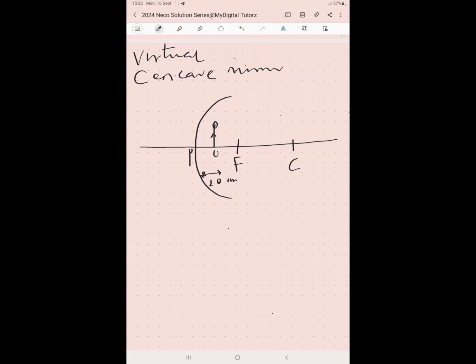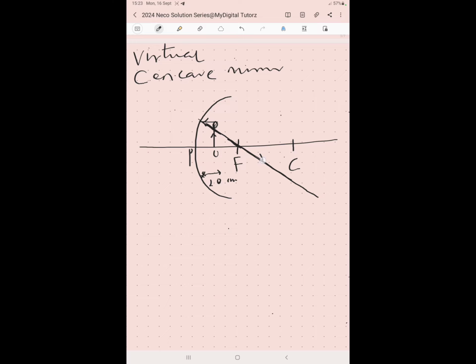By illustrating the ray diagram, this is the incident ray, then it will be reflected through the principal focus.